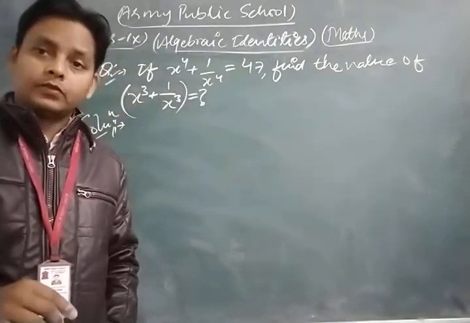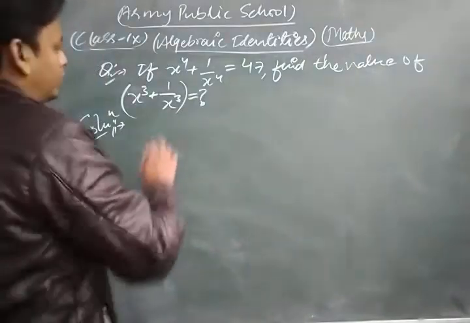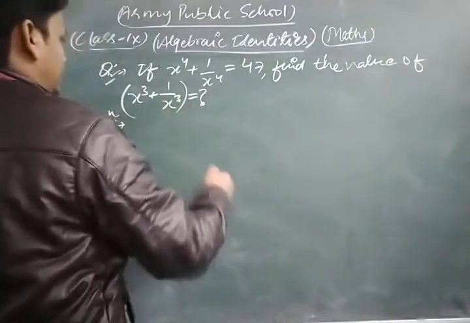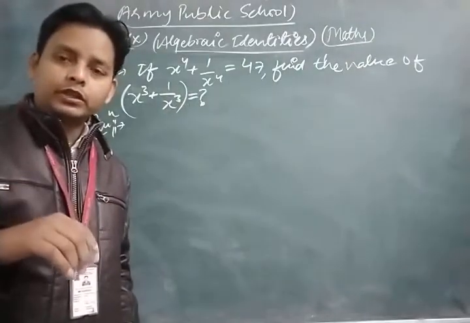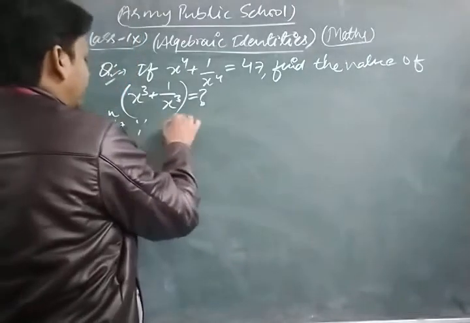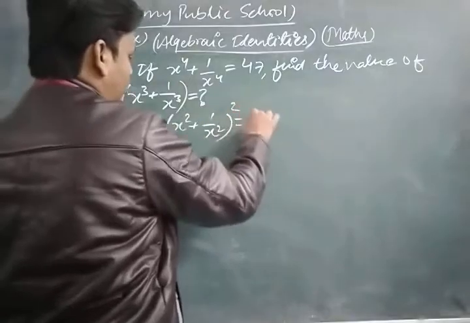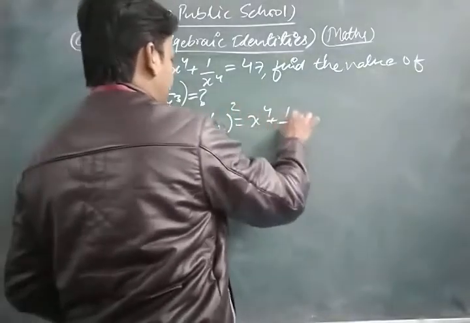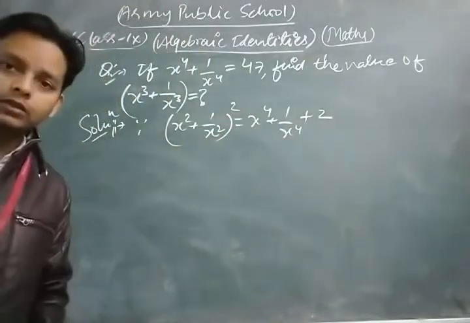Okay. Now what do I do? Now we just apply the formula. So first of all, dear student, we have the value of x to the power 4 plus 1 upon x to the power 4. That comes out in the identity x square plus 1 upon x square whole square. So we can write x square plus 1 upon x square whole square is equal to a square plus b square plus 2ab, where the middle term cancels.